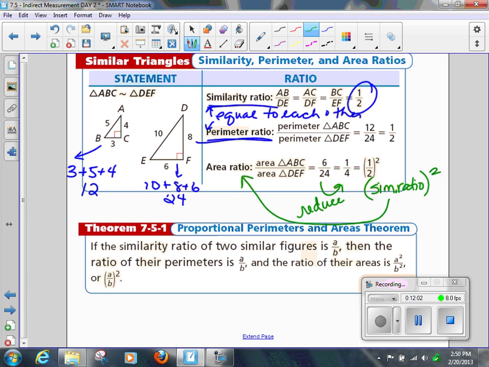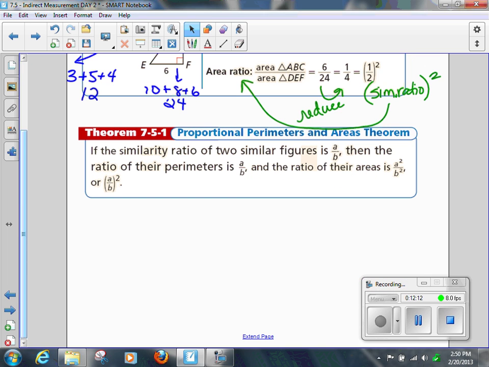I just write something on the board. I might would put that in my notes. I'm just saying. Okay? Instead of just sitting there. But it says the proportional perimeters and areas theorem says that if the similarity ratio of two figures is A over B, then the ratio of their perimeters is the same, A over B. And the ratio of the areas is A squared over B squared.